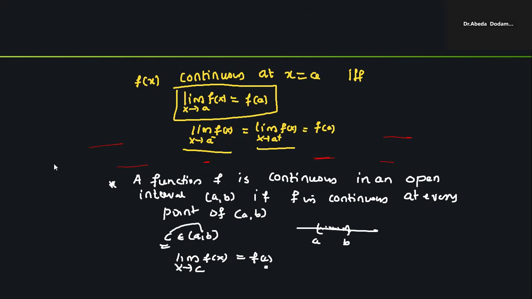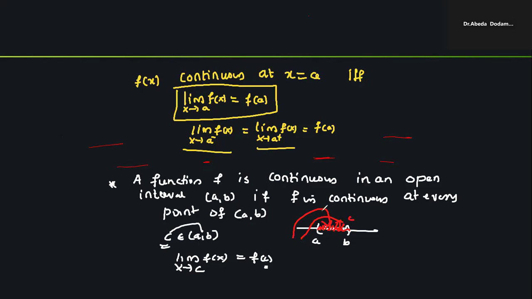Your open interval contains infinitely many points, so if you take any point c in between, it should be continuous at every point of this open interval. If that is satisfied, then we say that the given function is continuous in the open interval.